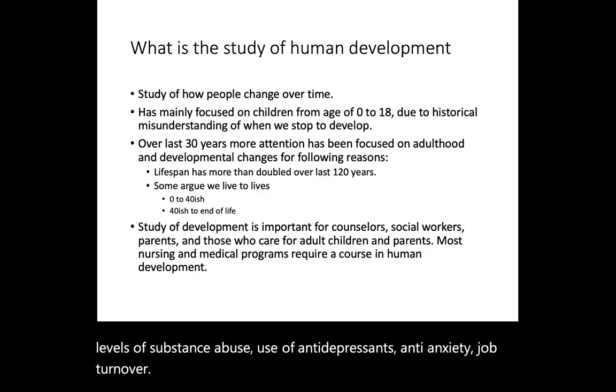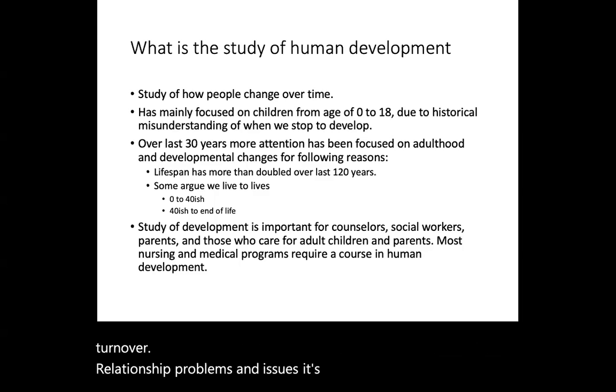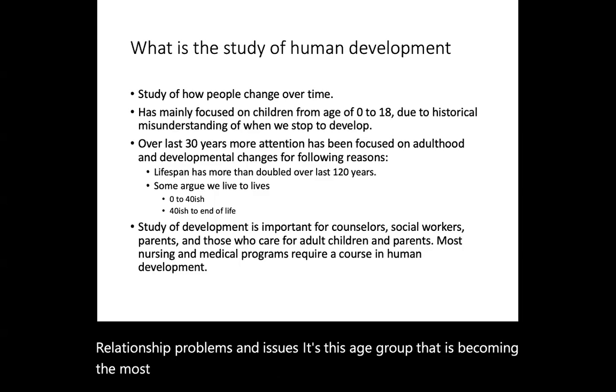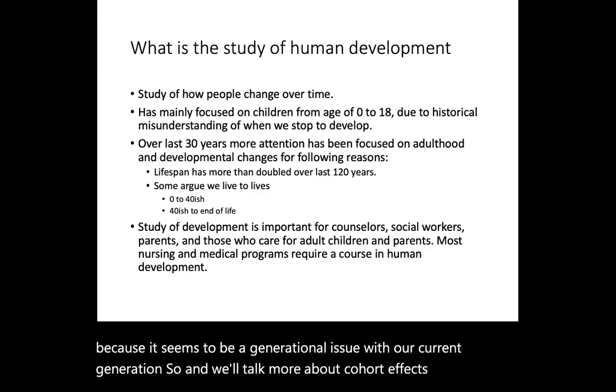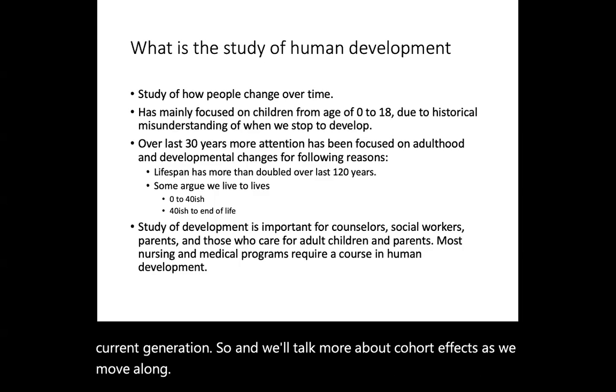It's this age group that is becoming the most tumultuous. That's what we call a cohort effect, because it seems to be a generational issue with our current generation. And we'll talk more about cohort effects as we move along as well.